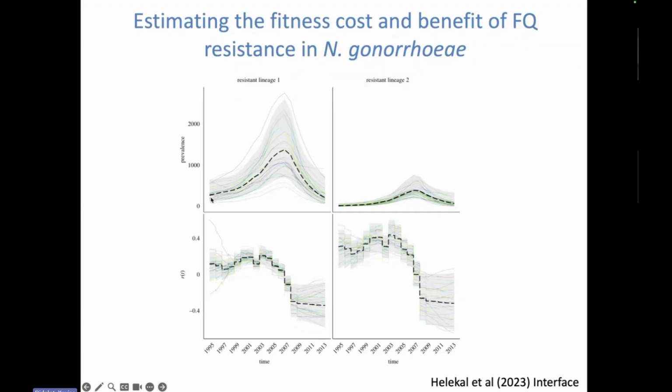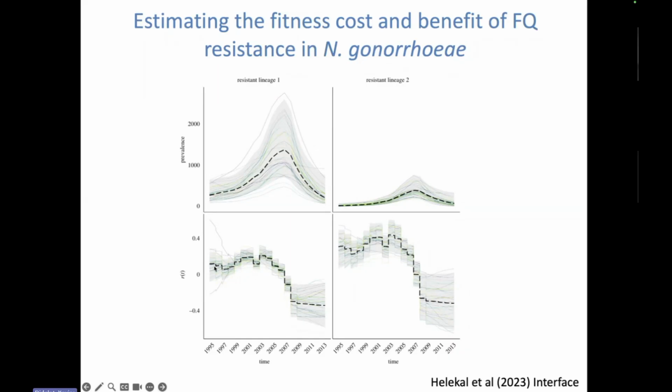And again, you can see it went up quite a lot up until about 2007, and it went down after that. And similarly to the previous study, what's even more interesting is to look at how that changes over time. So this R of T variable, which represents the growth rate in the lineage, if you want, when it becomes below 0 means we have a decline in the population.